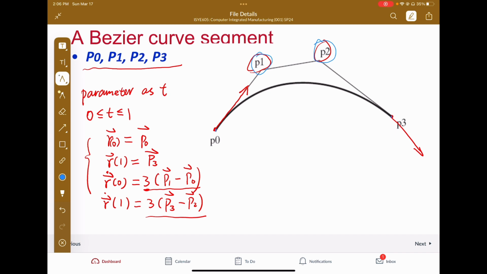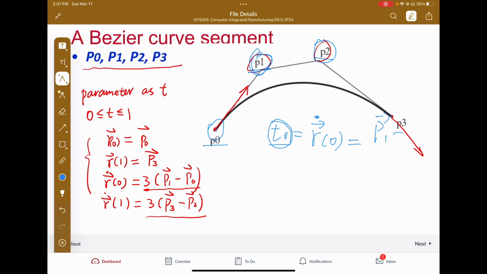And actually, it's the same thing as the Hermite. It can be converted from Hermite. It's like we add another 2 points, but for the tangent part, we just use these 2 points to represent it.